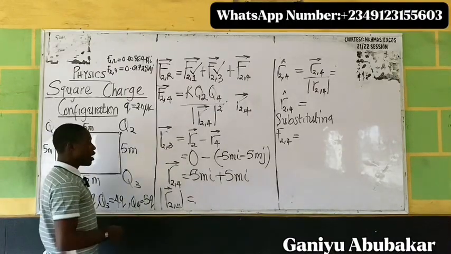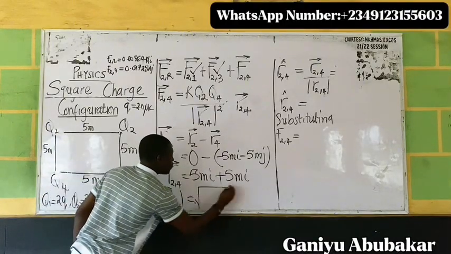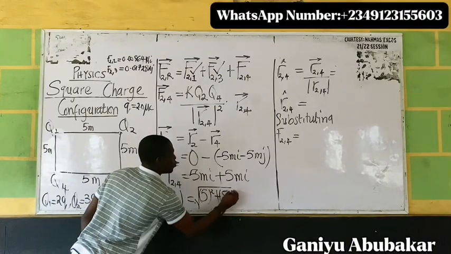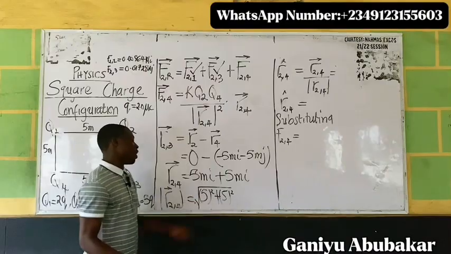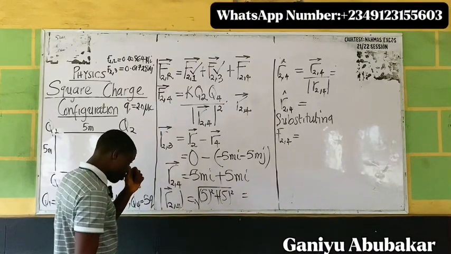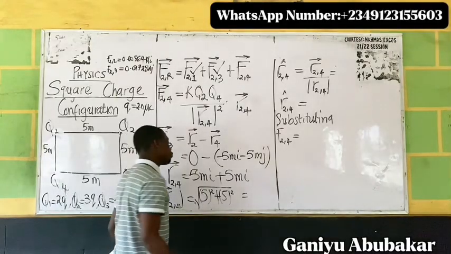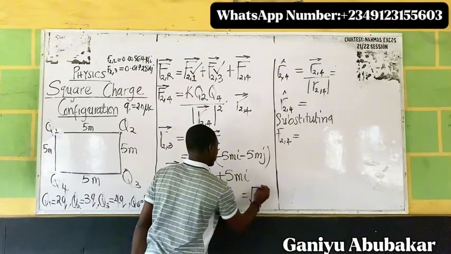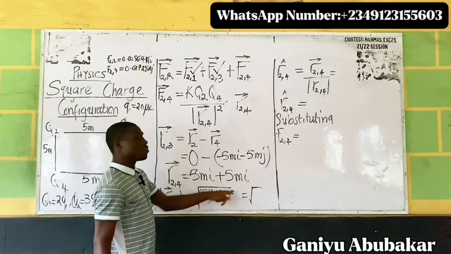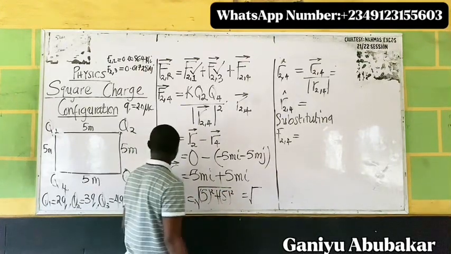Let's get the magnitude here. That's the square root of 5 squared plus 5 squared, each of the terms squared. This is equal to root 50. 5 squared is 25, 5 squared is 25, so that 25 will give you 50.